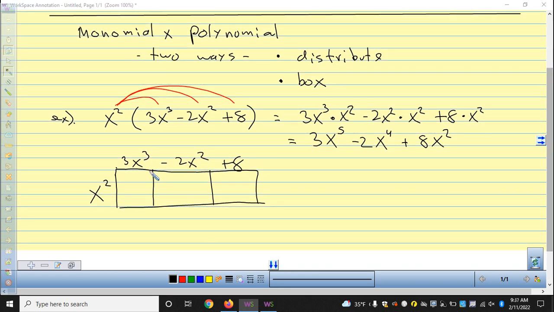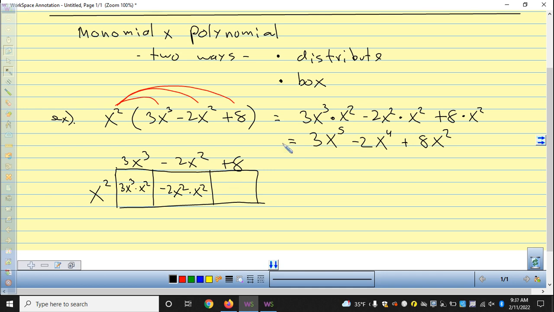And now I'm just going to multiply the two sides of each box. So here I have 3x to the third times x squared. Here I'm doing minus 2x squared times x squared.